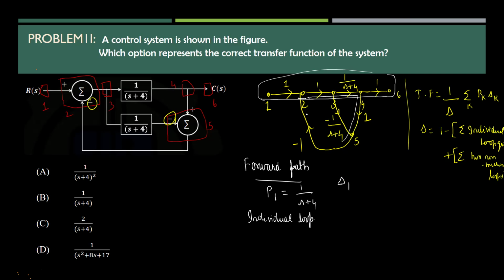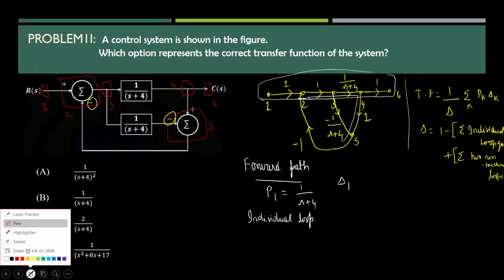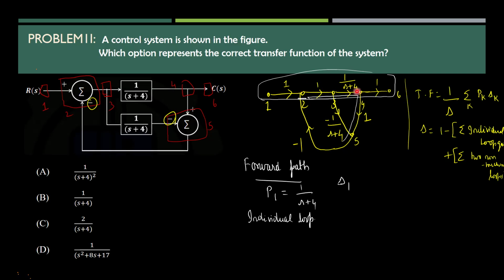But we cannot take this as an individual loop because we are having the input from the third node also. From the third node and the fourth node, two signals are flowing and they are combined at the fifth node.